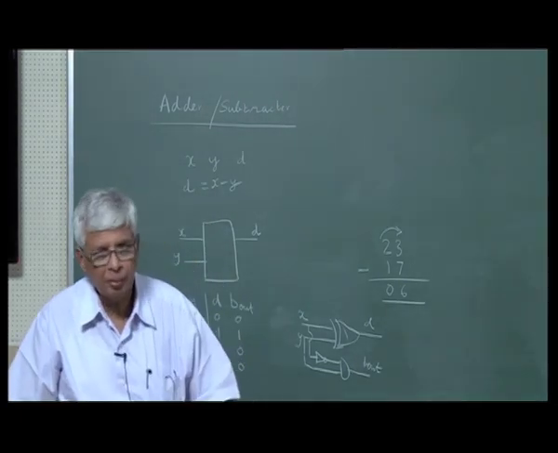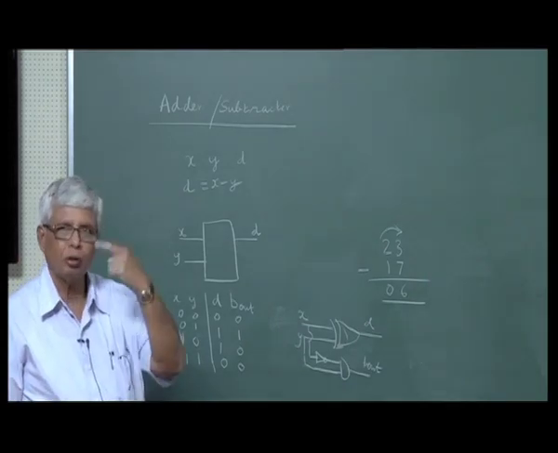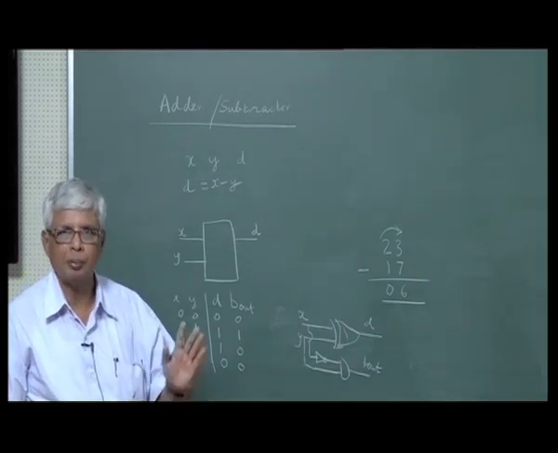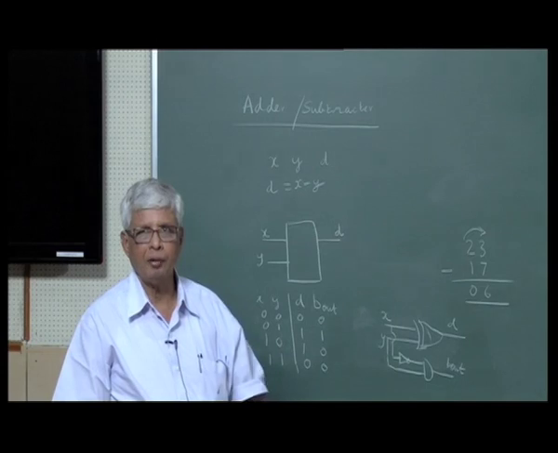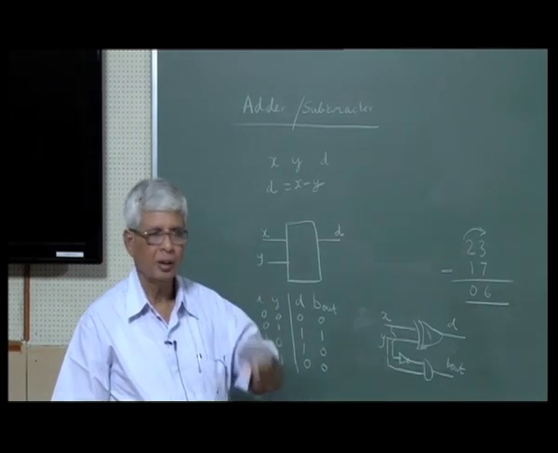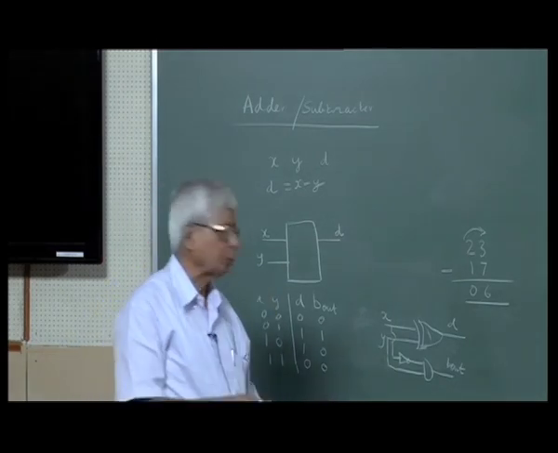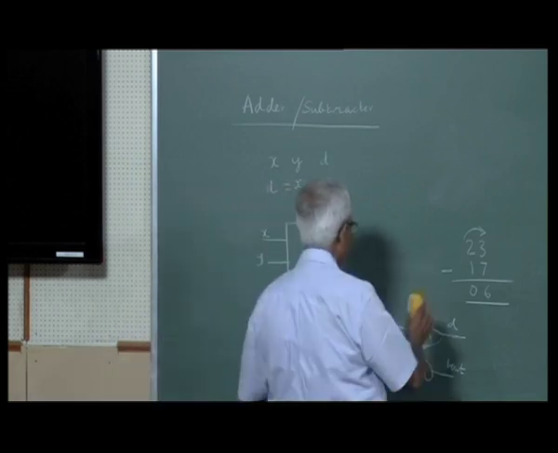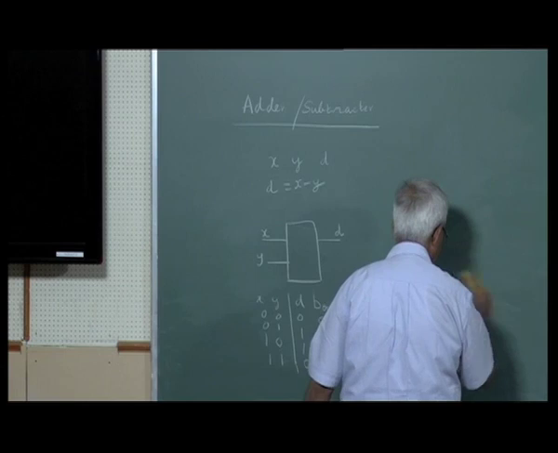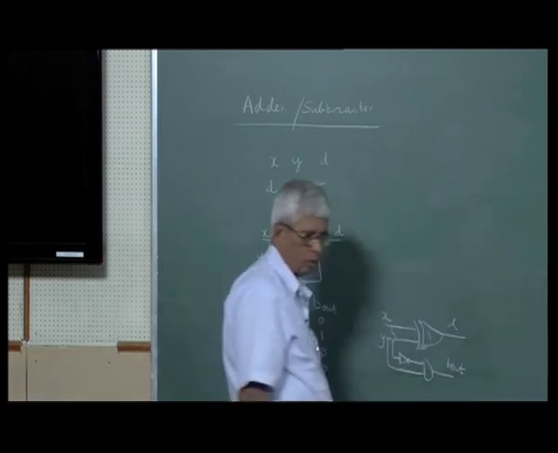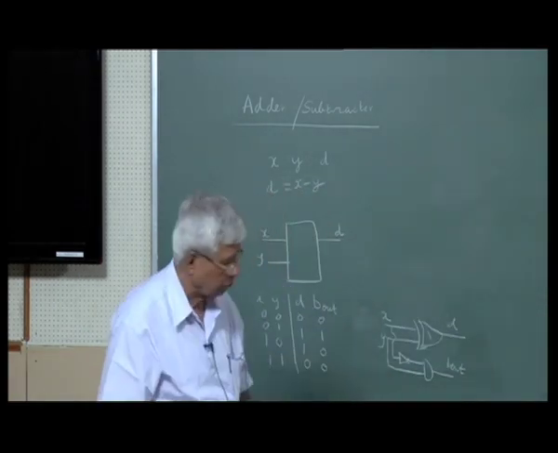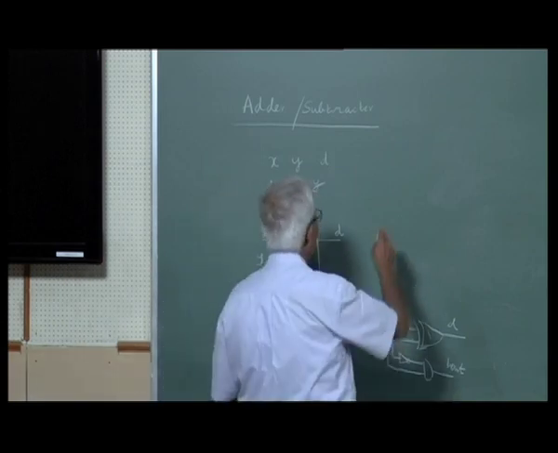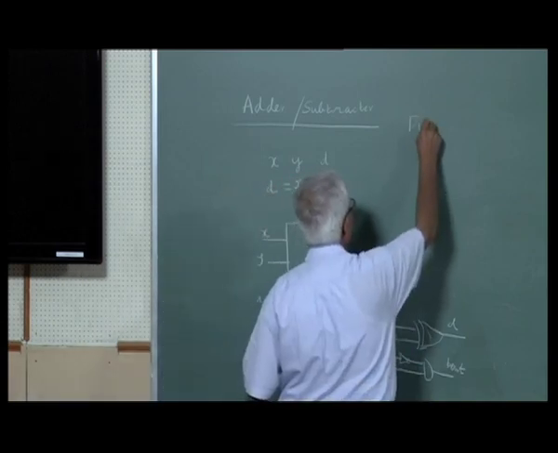Again the same concept applies. I don't want to do a single bit subtraction, I have multi-bit subtraction. That means I should have a place to put the borrow out from the previous position. So we have multi-bit addition, and the full subtractor we have.